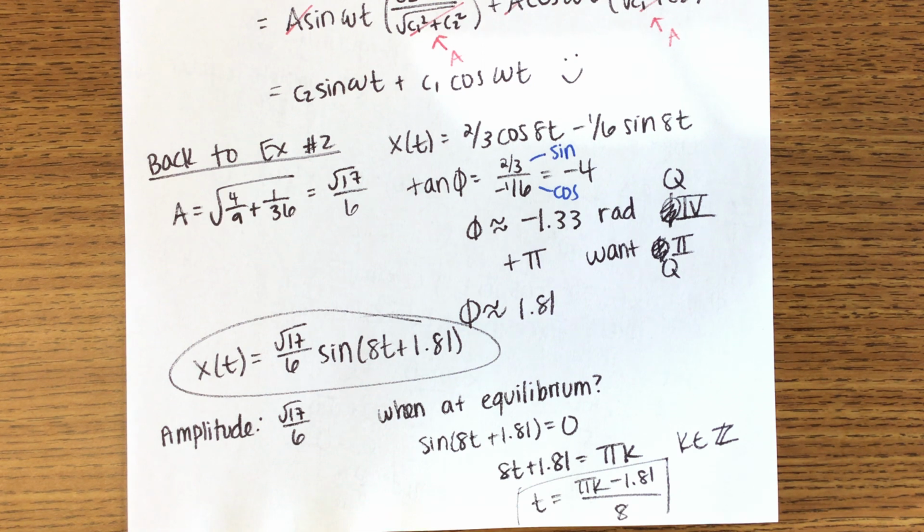On your homework, you're going to be asked some other questions as well, like what is the first time the object passes through equilibrium going up or going down? So hopefully you can figure that out. Do we have any questions?